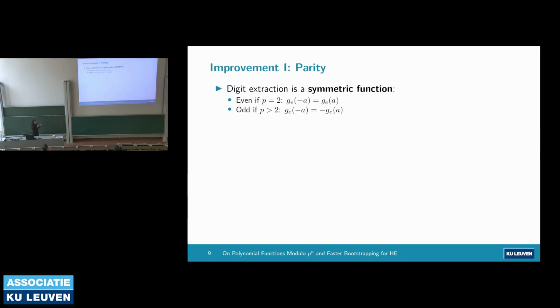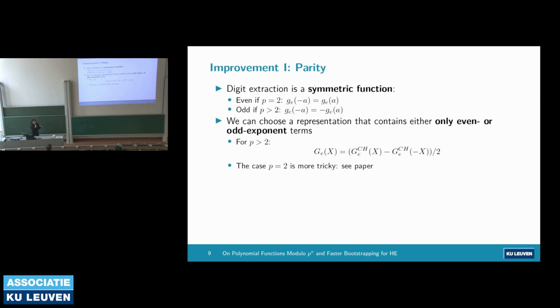Our first improvement uses the fact that digit extraction is a symmetric function. We prove that any symmetric function has representations that are sparse, containing only even or odd exponent terms.